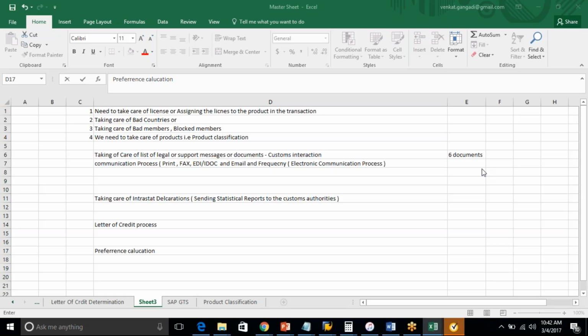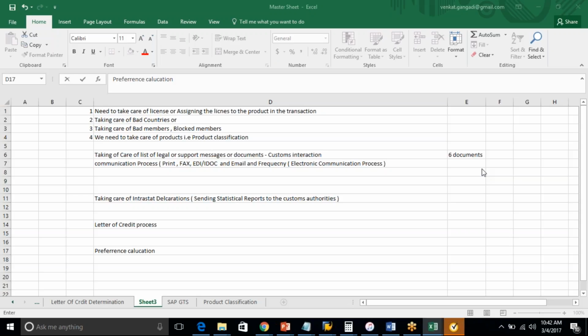Now we need to know which application area or functionality of the SAP GTS module will help you fulfill all these rules and regulations. That is what we are going to talk about.